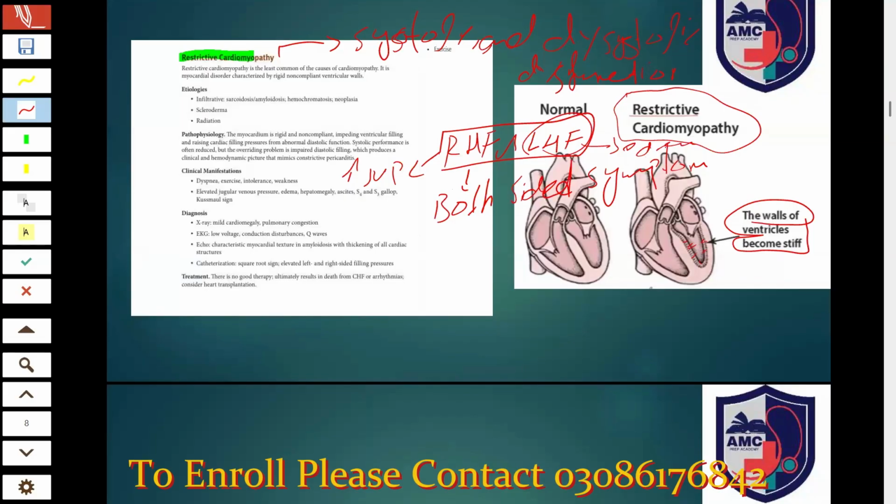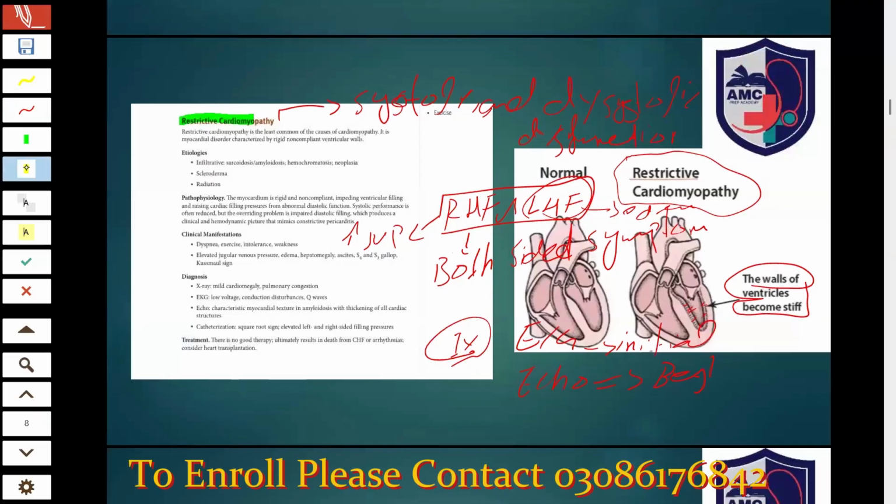So let's see, and the diagnosis will be the same. Investigation the same: ECG initial and echo best. Let's see what's written here. Restrictive is the least common cardiomyopathy; the book also mentions this.